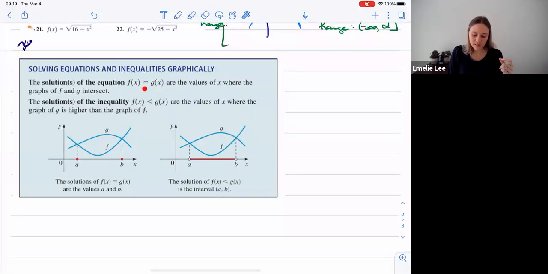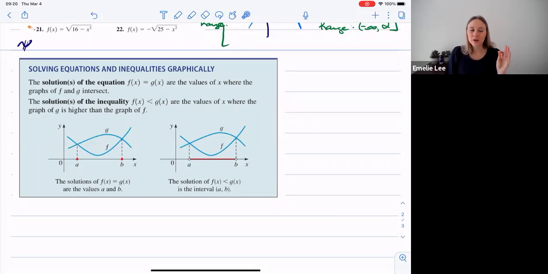So where are these things equal to each other? Usually that's not that hard to think about, right? Where are they equal to each other? Well, they're equal to each other at x equals a, for example, because then they have the same y value, so they're equal to each other. Same thing at b here.